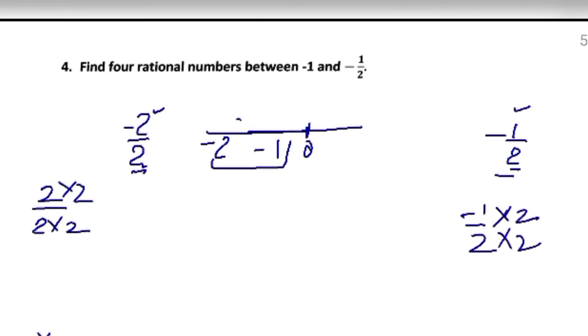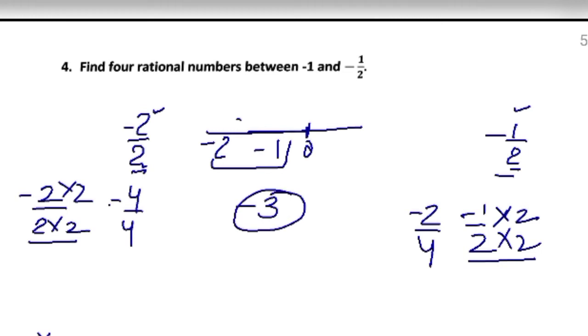Why are we multiplying both the rational numbers? Because denominators should be same. 2 2s are 4, 2 2s are 4 of minus sign. This is 2 1s are 2 of minus sign, 2 2s are 4. But between minus 2 and minus 4, what is there? Minus 3, only one rational number we can find here.